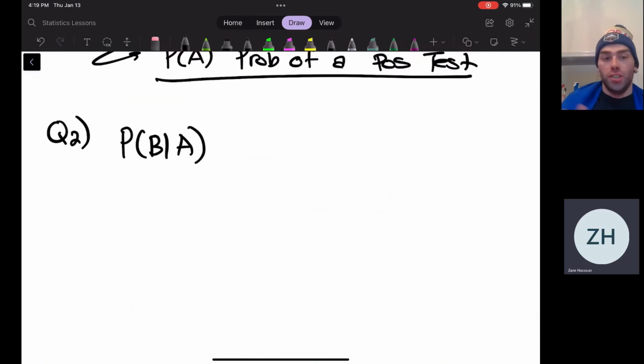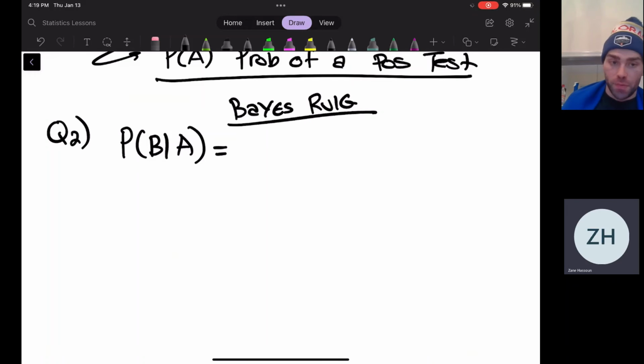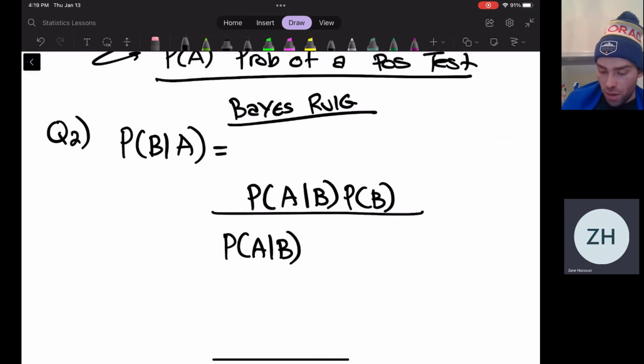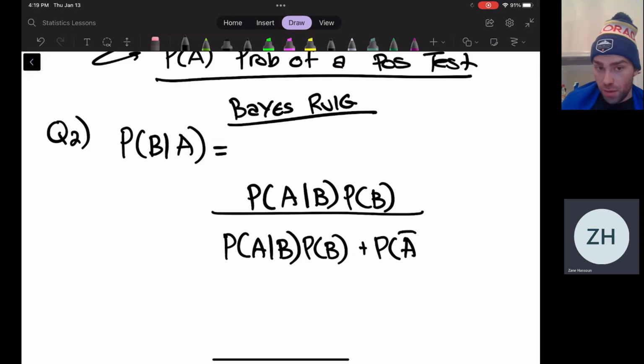So let's go back to the notes to solve this problem. Right now we're going to actually use Bayes' rule. So let's think all the way back to here. Bayes' rule: we'd have that the probability of B given A from before is the probability of A given B times the probability of B, over the probability of A given B times the probability of B, plus the probability of A given B complement times the probability of B complement.